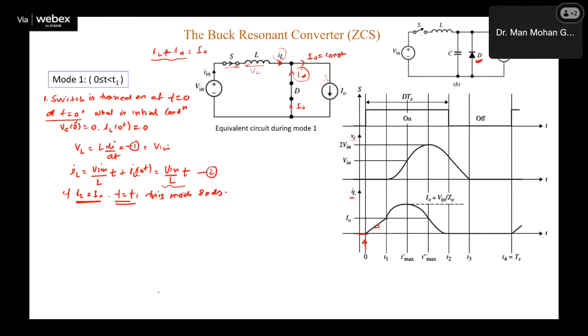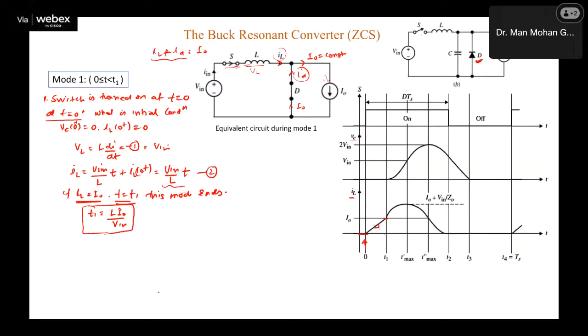So from here, I can get T1 is equal to L I node upon V in. So that is the end of the first mode, right? Our current has reached here at the end of mode 1.